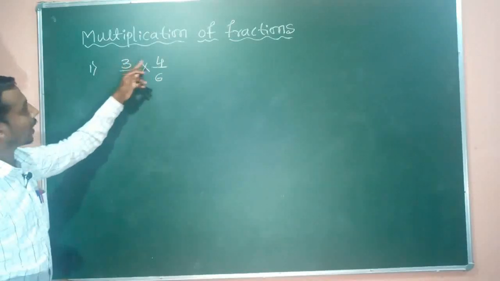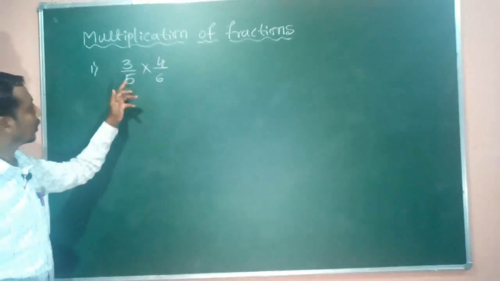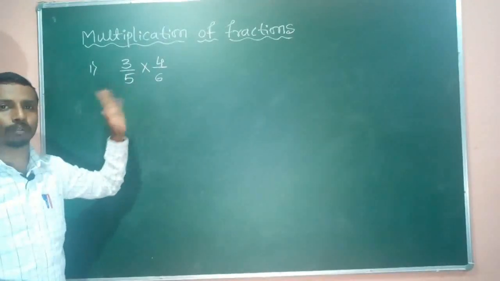Here 3 and 4 are the numerators, 5 and 6 are the denominators.